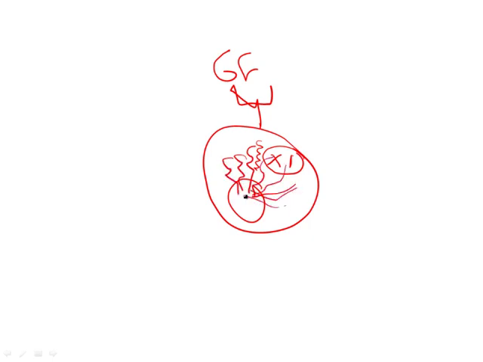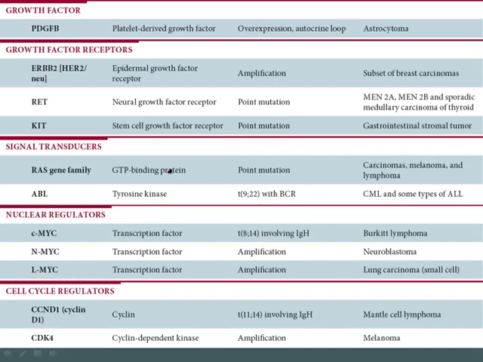If there's massive signal heading to the nucleus to grow, the nucleus will obviously cause the cell to divide, and multiple divisions will eventually result in the formation of a cancer. And so that's the idea in this particular subtype of oncogenes, and that is that if there are mutations in signal transducers, that'll result in the formation of a cancer. And so what are some classic ones to be familiar with?